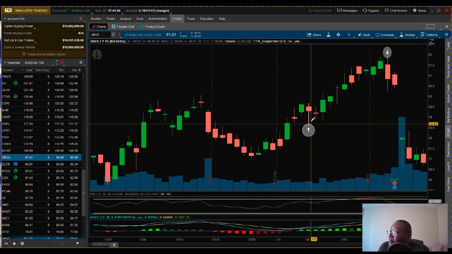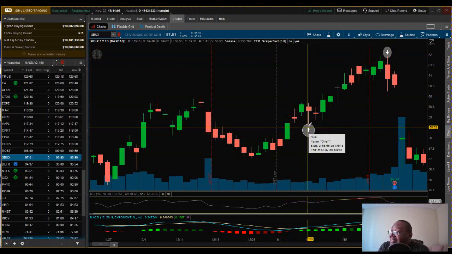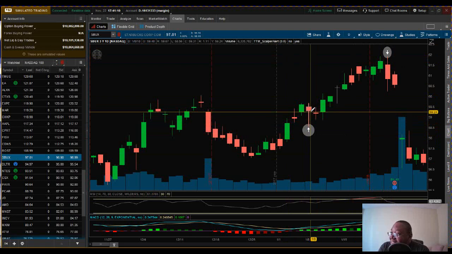They don't appear right underneath this right away. What this does is that it waits for confirmation of the trend, of the scalp that it is indicating.